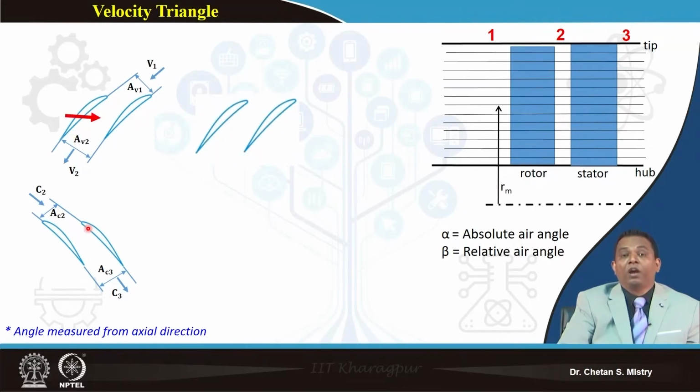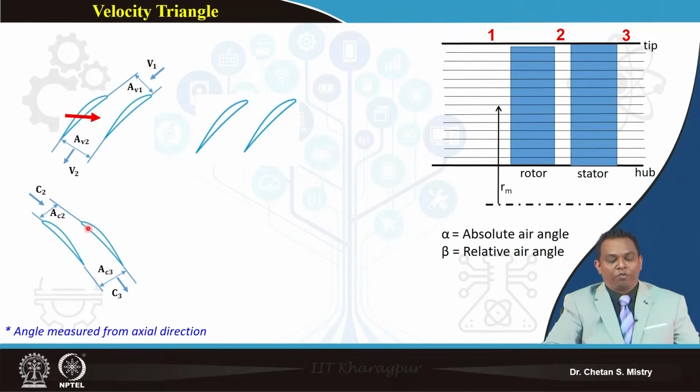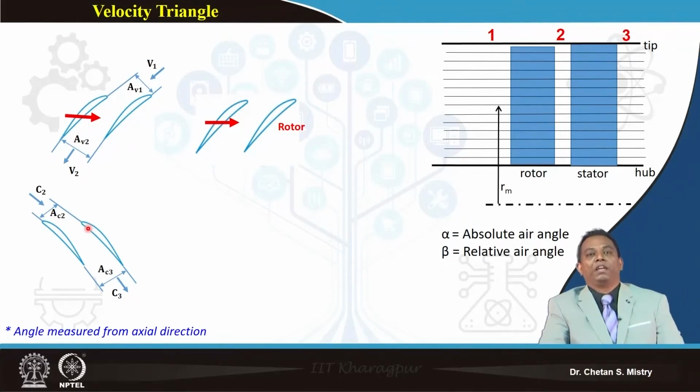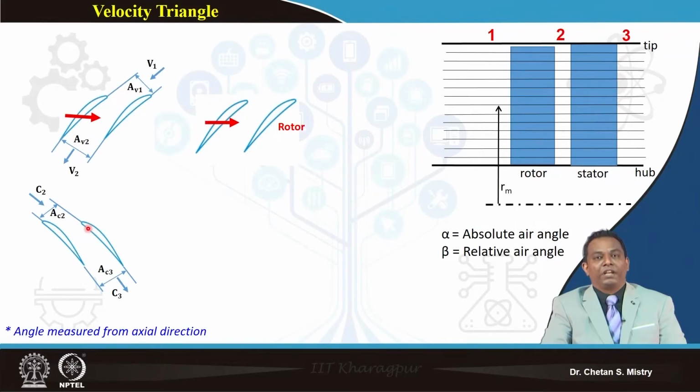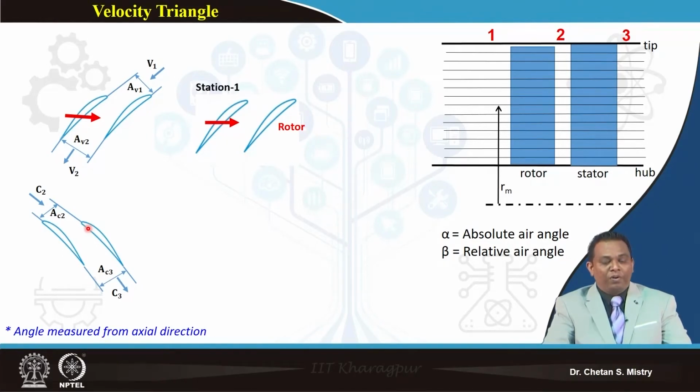Okay. Now let me put this aerofoil. This aerofoil represents my rotor, and we have the rotational direction, which, as we have discussed, is mainly from the suction side to the pressure side.